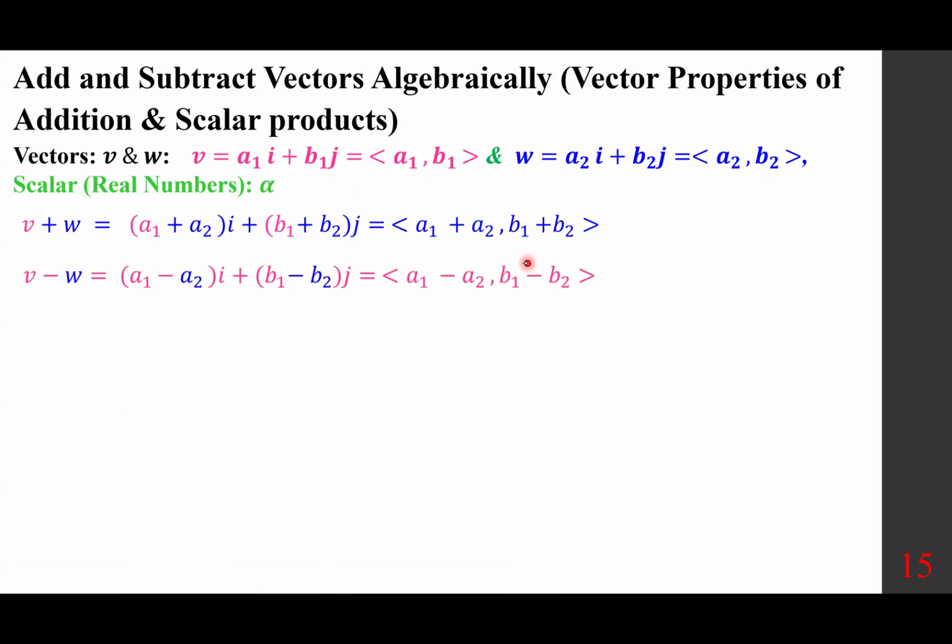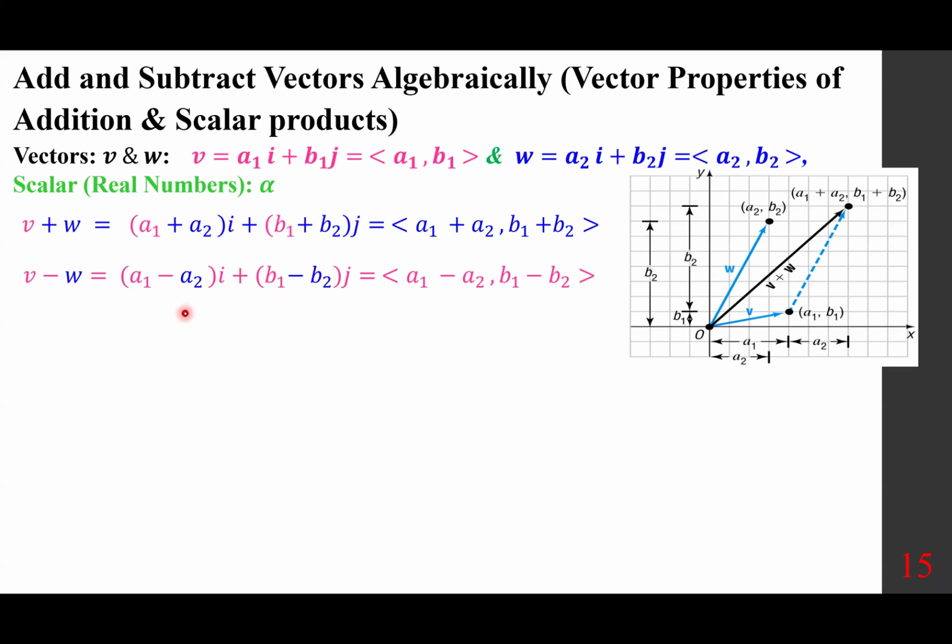And if you want to subtract them, just subtract their components. So v plus w would be a1 plus a2 times i plus b1 plus b2 times j. And this is the components, the same format for subtraction. So if v has components a1, b1, and w has components a2, b2, v plus w has components a1 plus a2, comma, b1 plus b2. That's the idea.